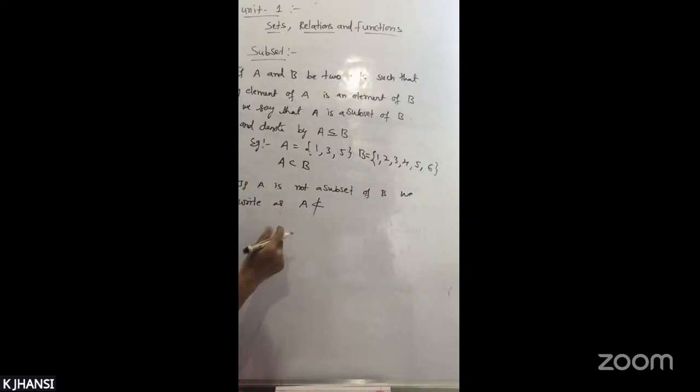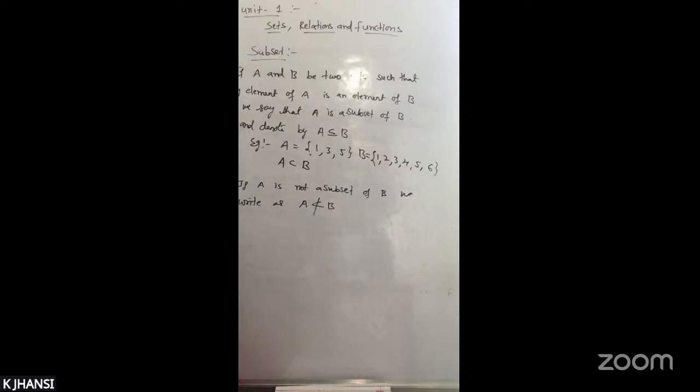Okay. If a cross symbol is there, it means it is not a subset of B. Like the belongs to symbol, I hope you know this symbol, if a cross mark is there it means it does not belong to. Here A is not a subset of B. Okay.